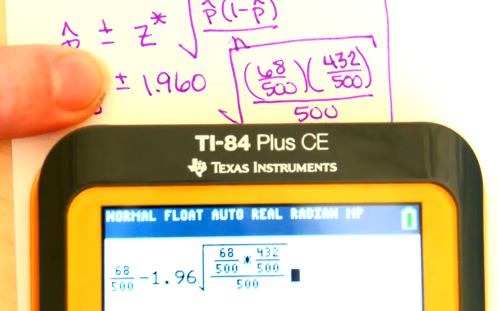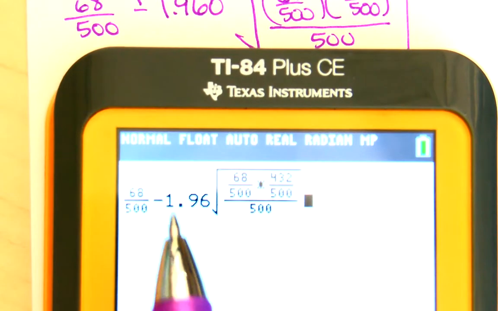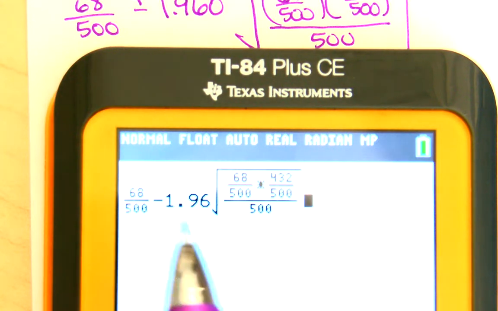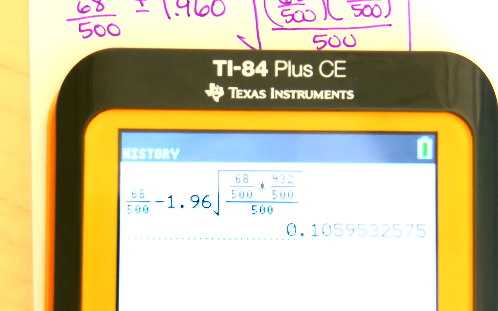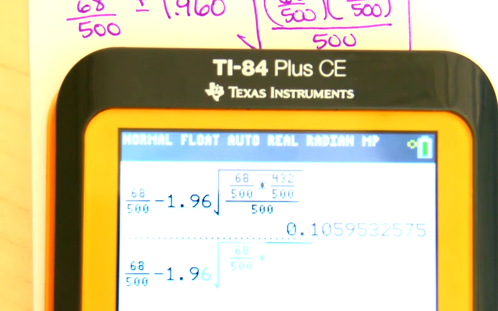We're going to have to do plus or minus, so I did the minus first because I want to list these. When I write my interval, I want the smaller number first and then the larger number after that because this is interval notation. So you just enter it exactly how you wrote it. There's my small number, and then you can go up and then just go back and change that minus to a plus instead of retyping everything.